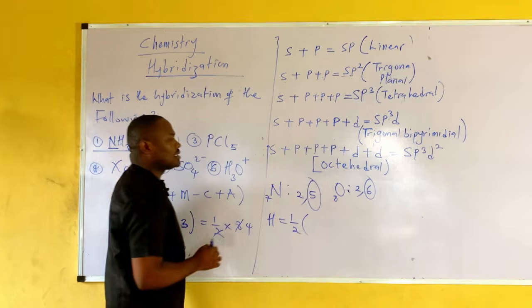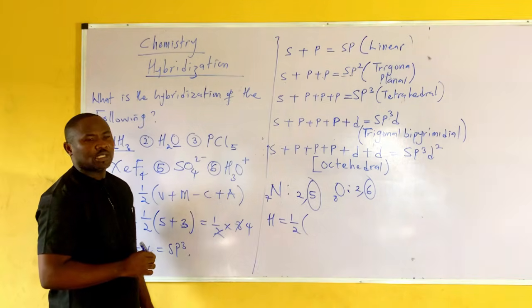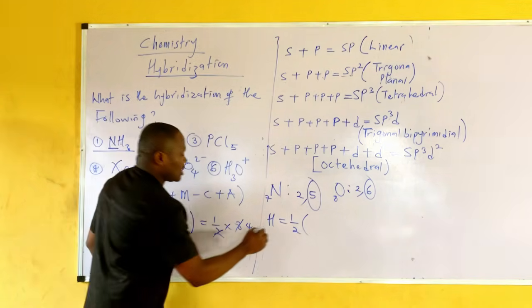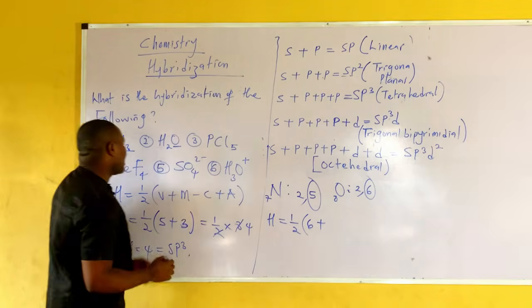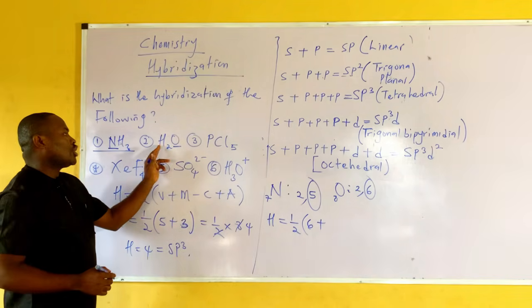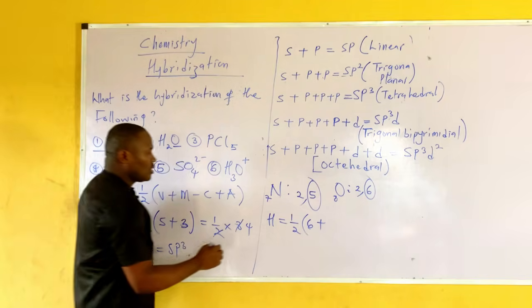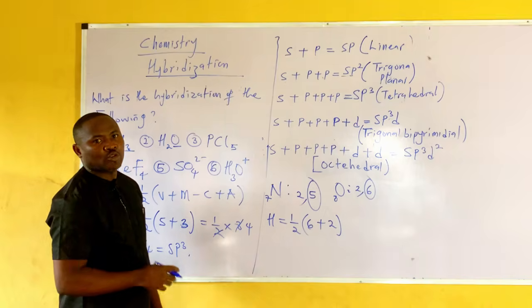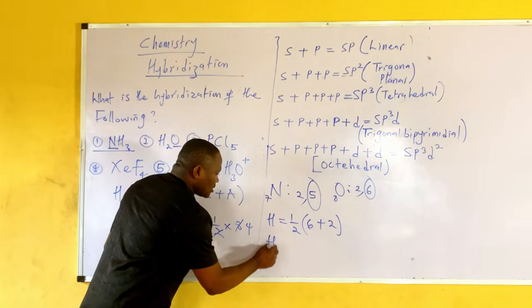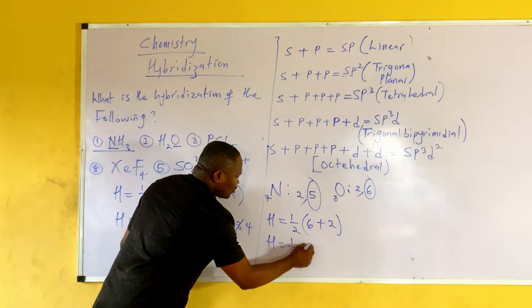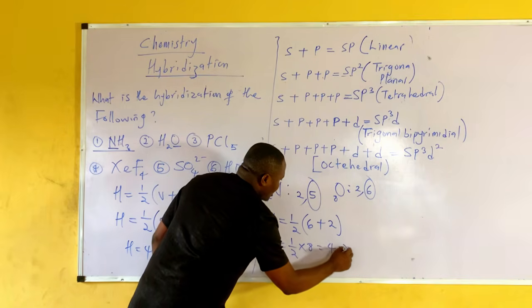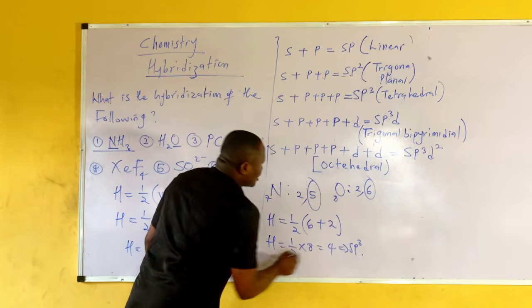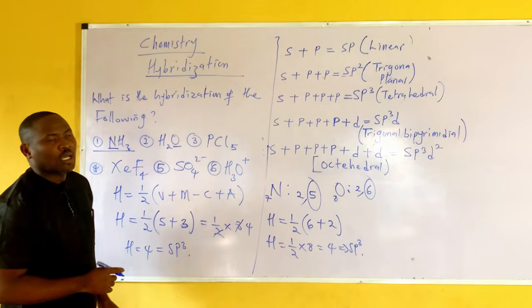So the number of valence electrons in oxygen is 6. So it becomes 6 plus, how many atoms are surrounding oxygen? 2 hydrogen, that's 2. 6 plus 2, there is no cation, no anion. So H equals 1 over 2 times 8 equals 4. If it's 4, it's sp3. So water is sp3 hybridized.